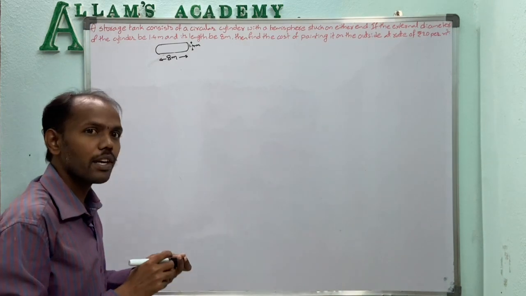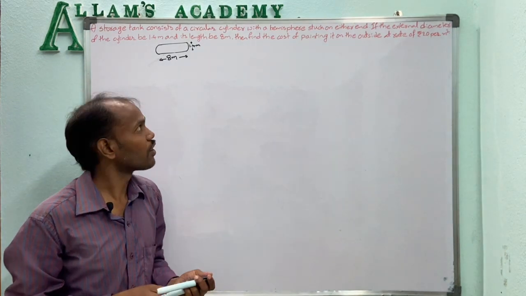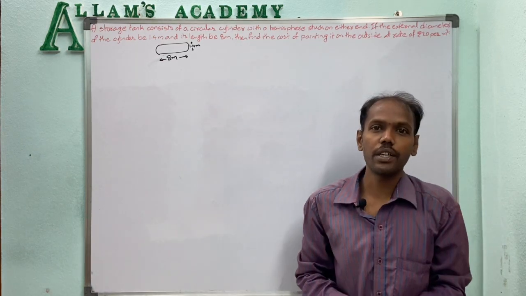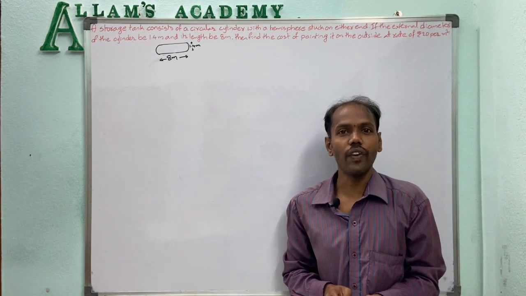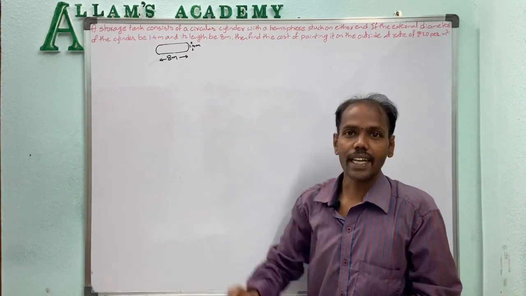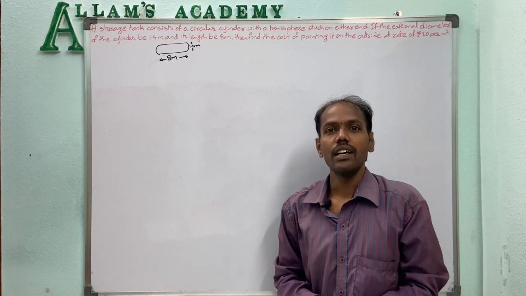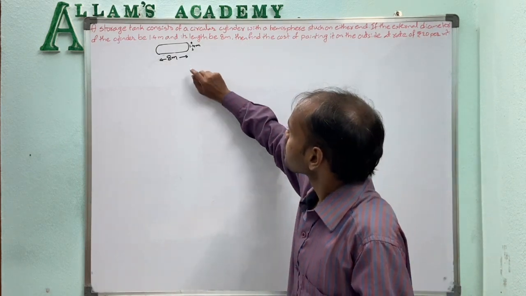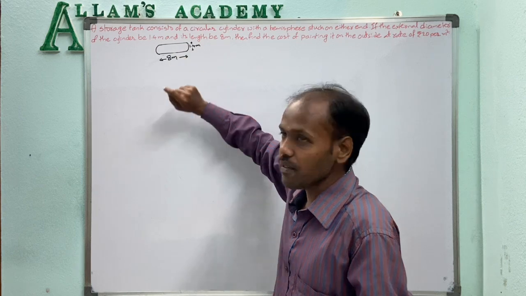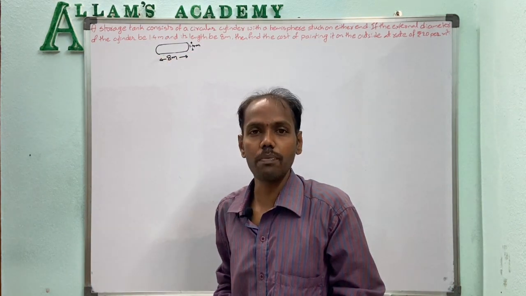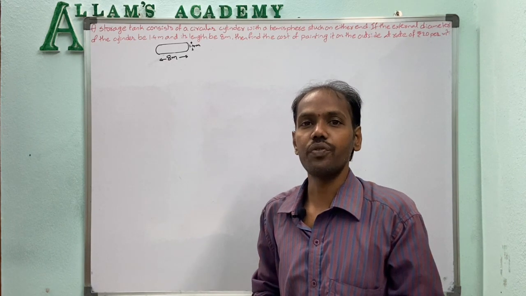Now by using this information we have to find the painting cost. For that we have to find the surface area of the storage tank, which means the curved surface area of the cylinder and the curved surface area of two hemispheres.